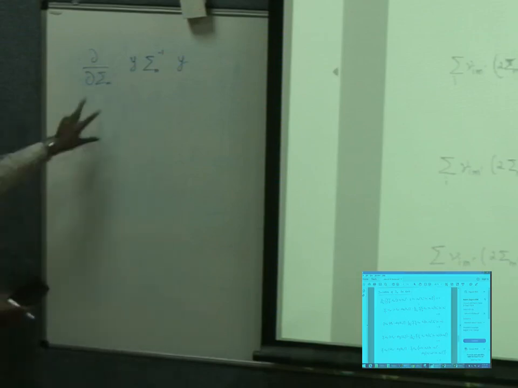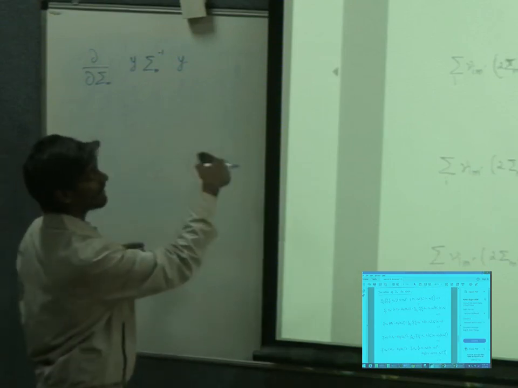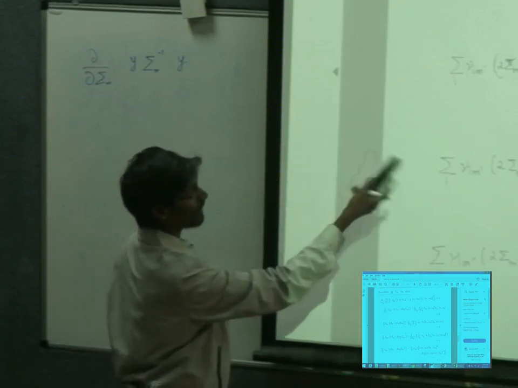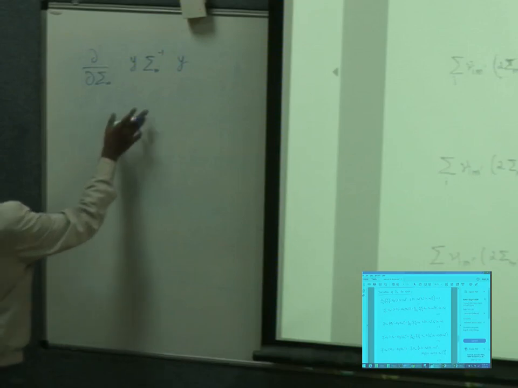If we know how to solve this, then that's all. Then whatever propositions and theorems we have seen earlier, we can apply in this formula and get a simple derivation. So we'll see that now.